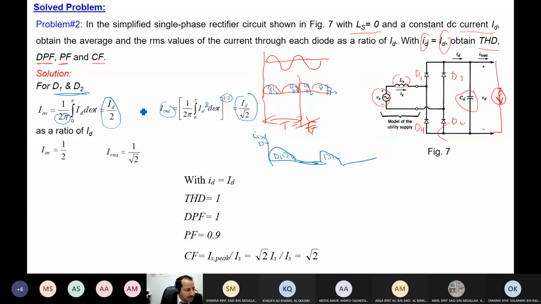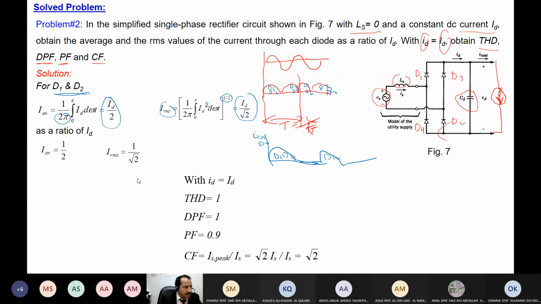Now have a look. He asked me to find the ratio. I mean, you have 100% ratio, okay? The total is 100%. And he asked you to see what percentage of the total current is conducted by D1 and D2 and how much by D3 and D4.